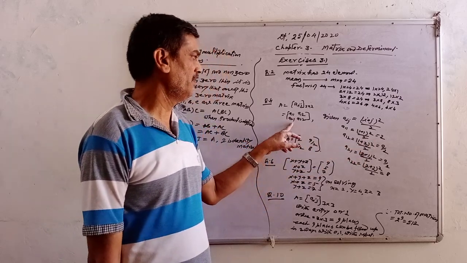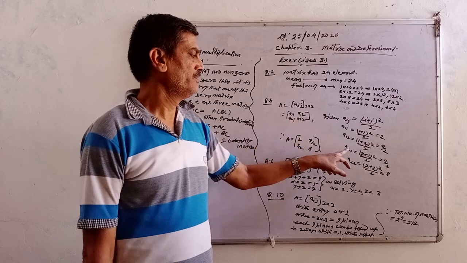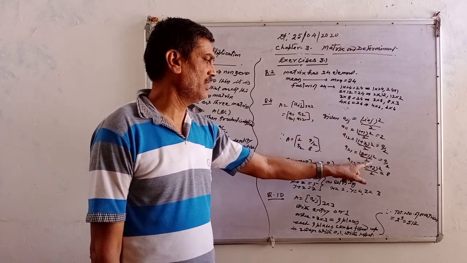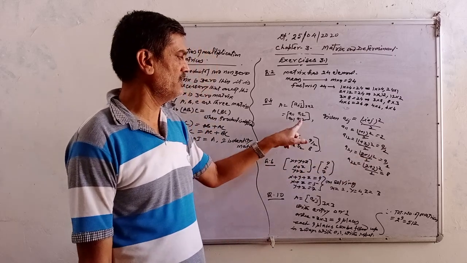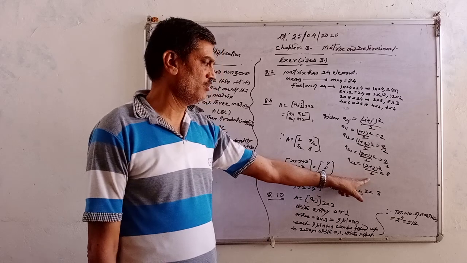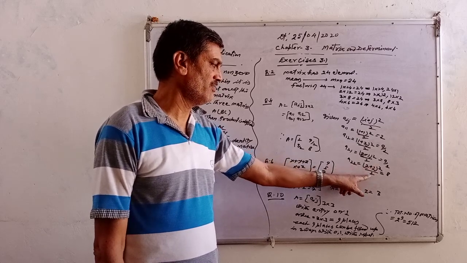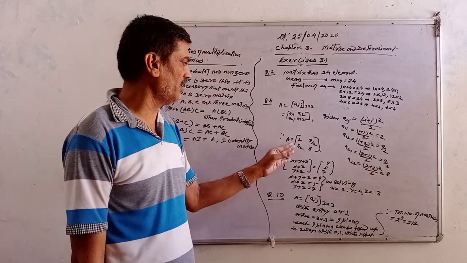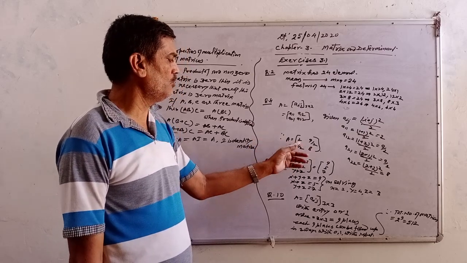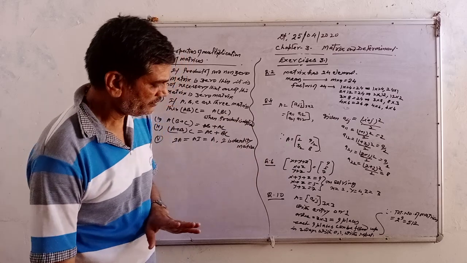Now third element A21, (2 plus 1), 3 square by 2, that is 9 by 2, and the last element is A22, (2 plus 2) whole square by 2, 4 square, 16 by 2 is 8, and putting these values, then you get matrix A of 2 into 2 order as this.